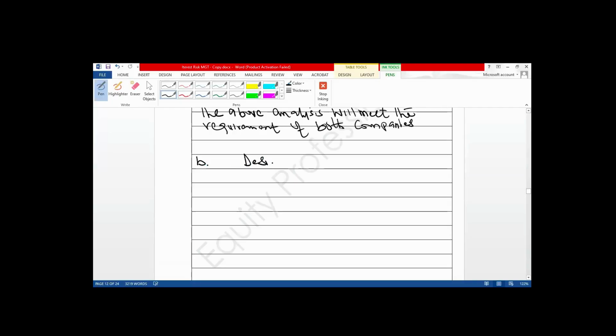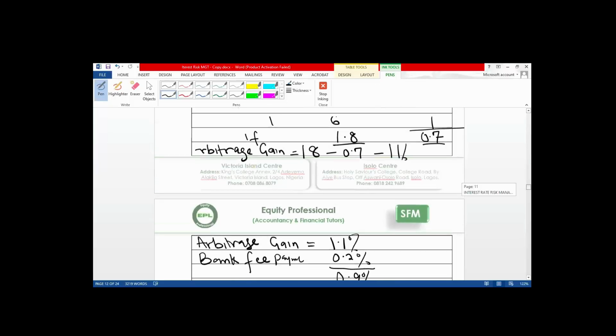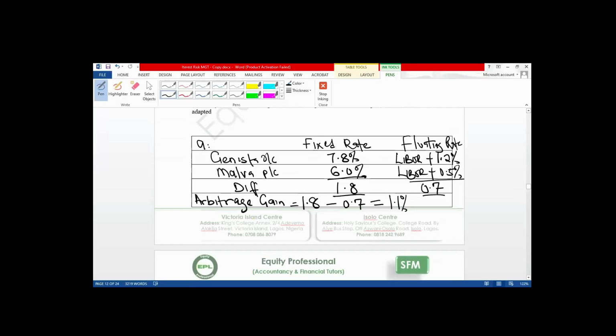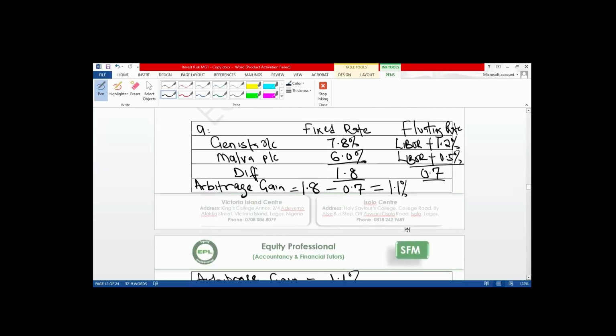Requirement B, we cover step 2 and step 3. Design the swap arrangement. Step 1, now please go and check your step 1. Where do you have the higher difference between fixed rates and floating rates?